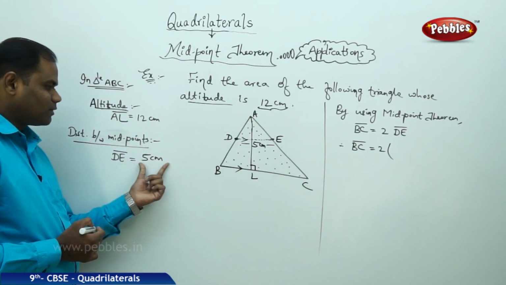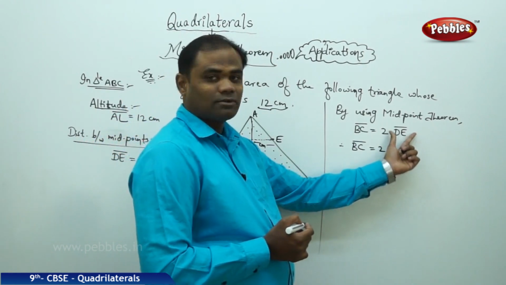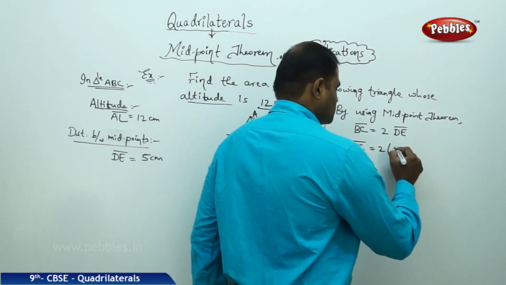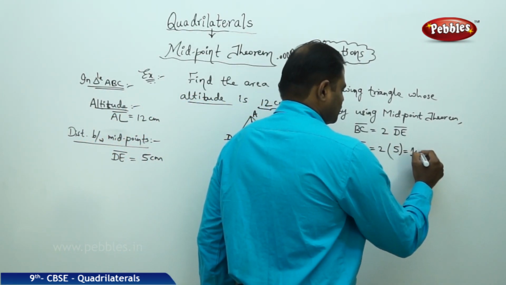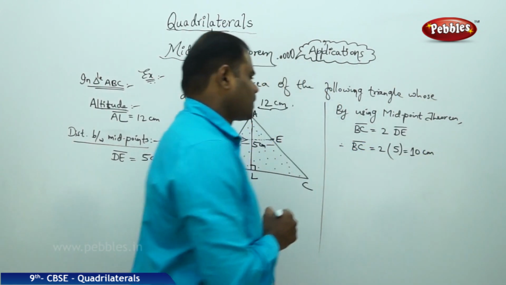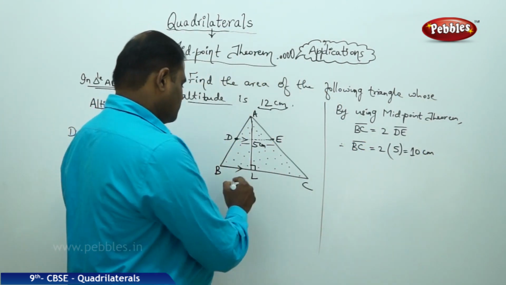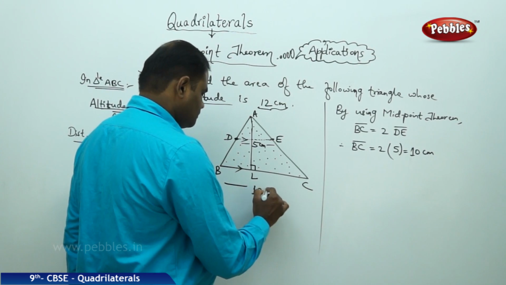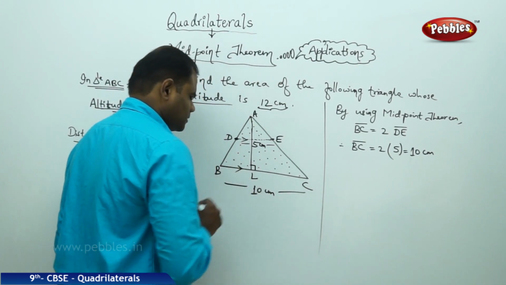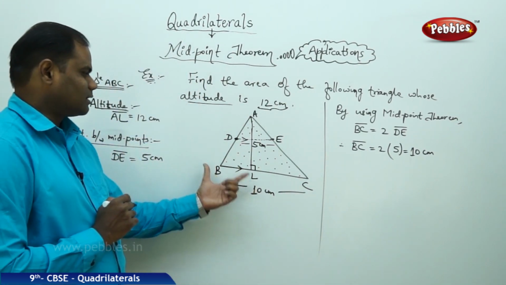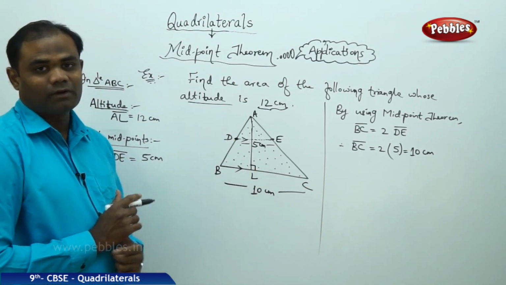So DE equals 5 centimeters is substituted, which comes out to be 10 centimeters. Therefore, the length of BC is 10 centimeters.